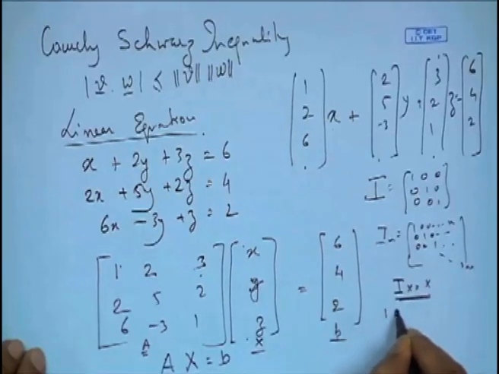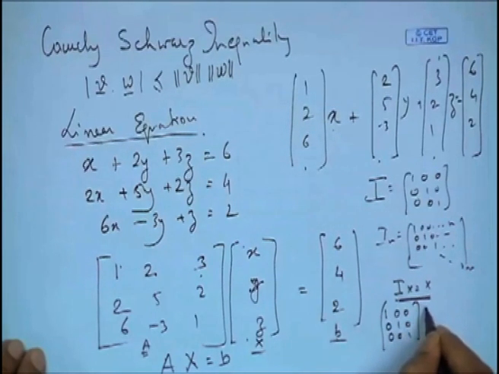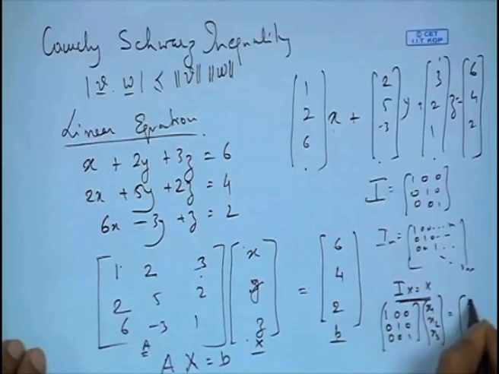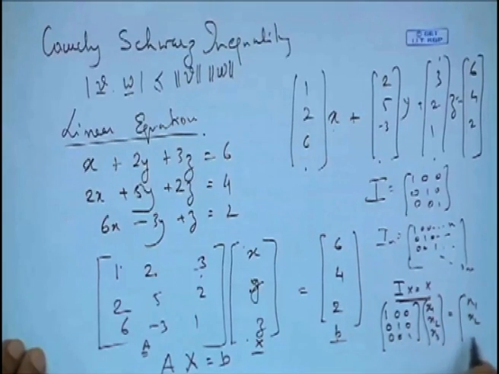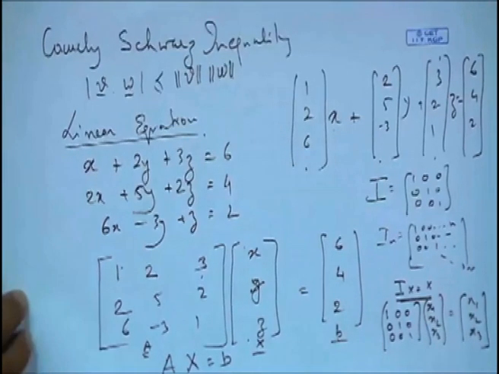So basically you can clearly see 0, 1, 0, 0, 0, 1 times x1, x2, x3. What would you get? x1. If you look at the second row, 0 times x1, 1 times x2, 0 times x3, gives x2. 0 times x1, 0 times x2, 1 times x3, gives x3. So basically Ix is equal to x. This is again a standard result.